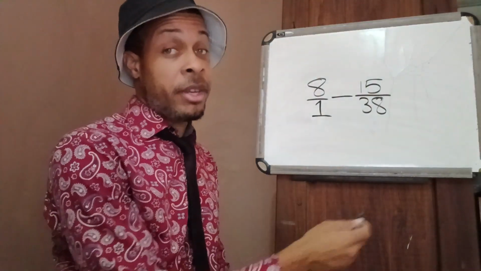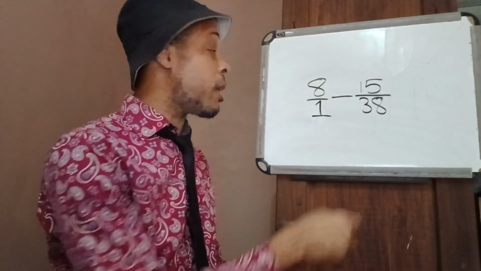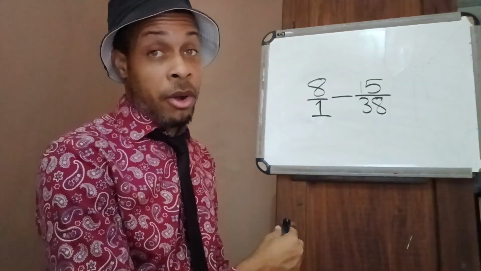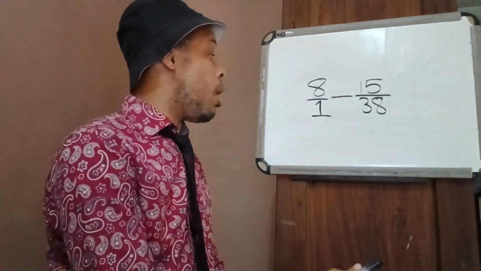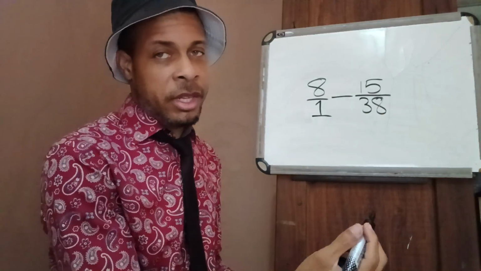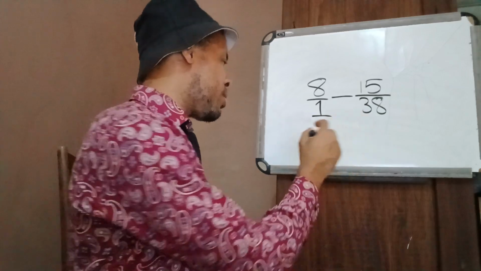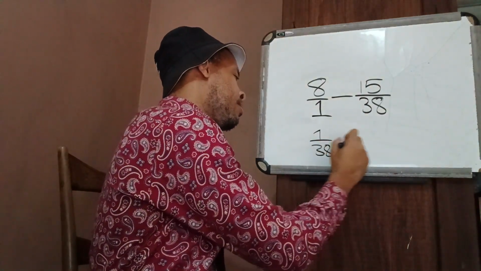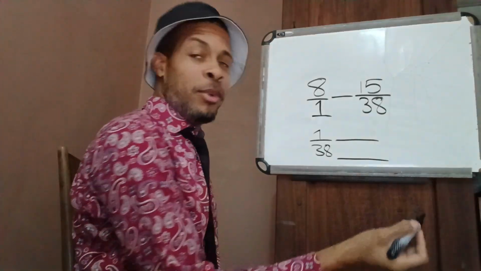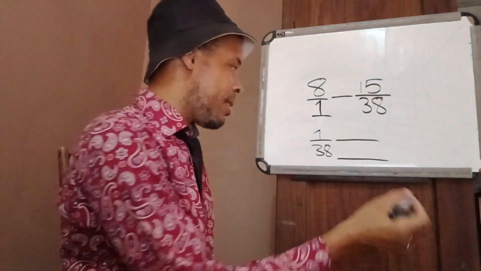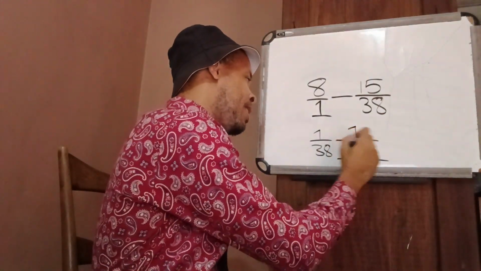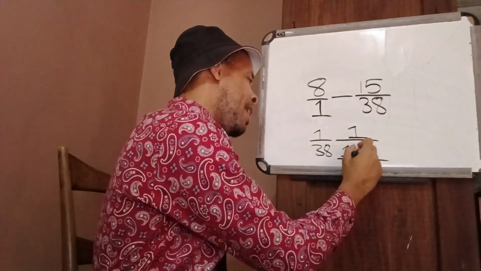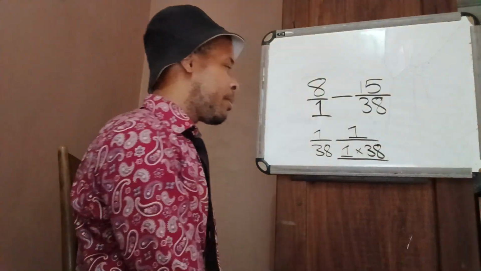So we just turned it from a whole number to a fraction with a denominator of 1. Now, let's be silly. What is the LCM of 1 and 38? I know. When would this ever be necessary? Right? Well, you have 1 and you have 1 times 38.